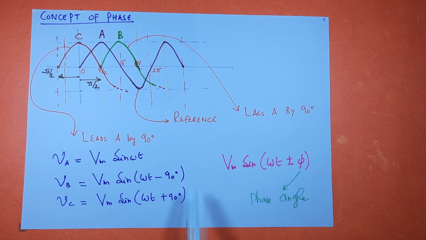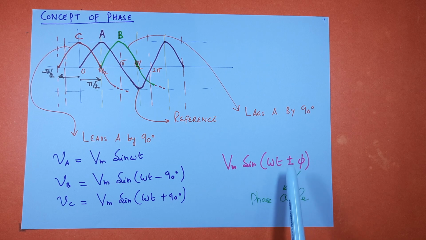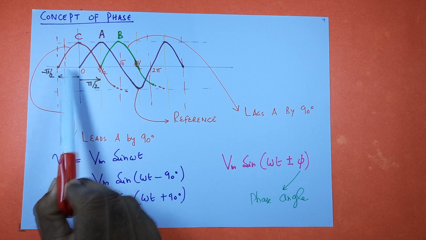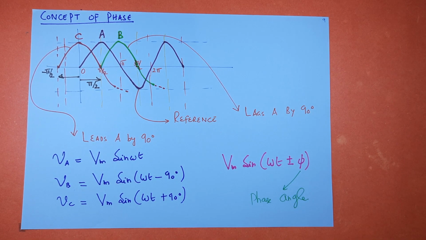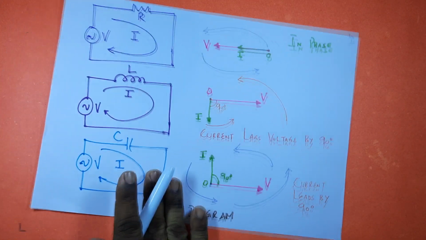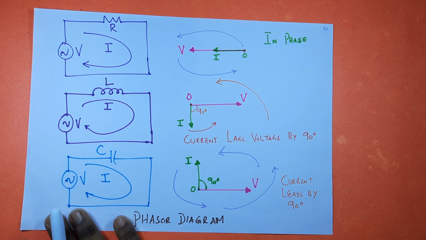So in general, you can write a waveform like this, Vm sin of omega t plus or minus phi. This phi is called phase angle. Phase angle is nothing but the angular difference between two waveforms. It need not always be 90 degrees, it can be any value. That's why we are putting the common symbol phi.